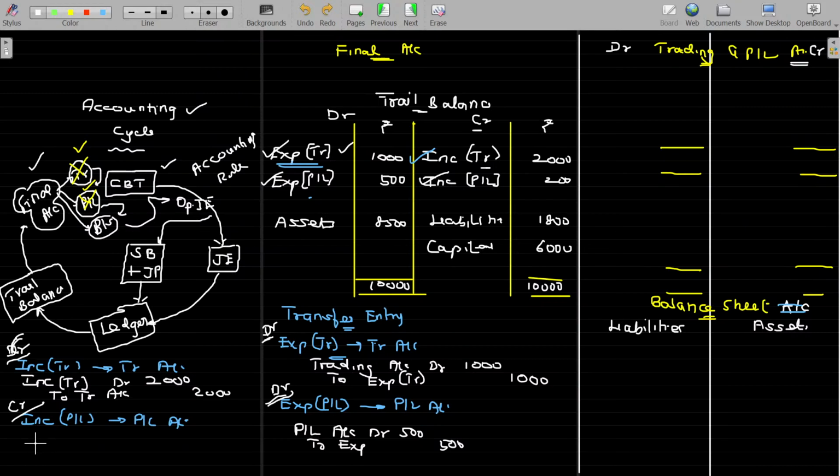Credit balance means you have to cancel it by debiting it. So I am debiting that income related to the P&L account, and crediting the P&L account, the value being 200 rupees.